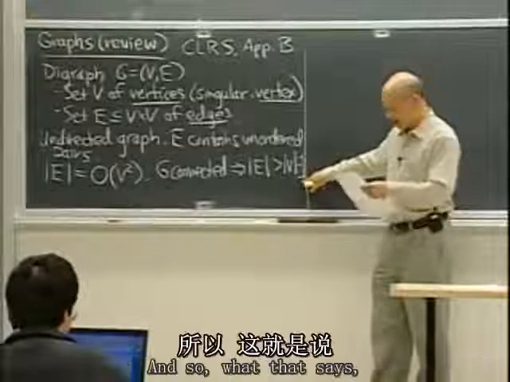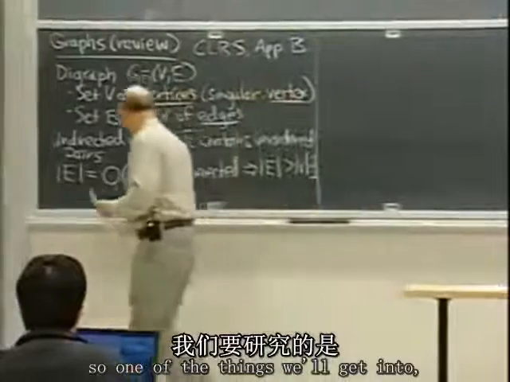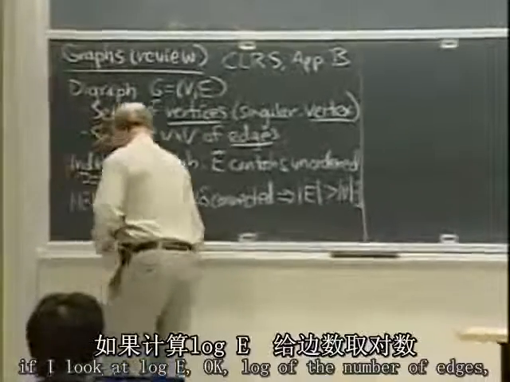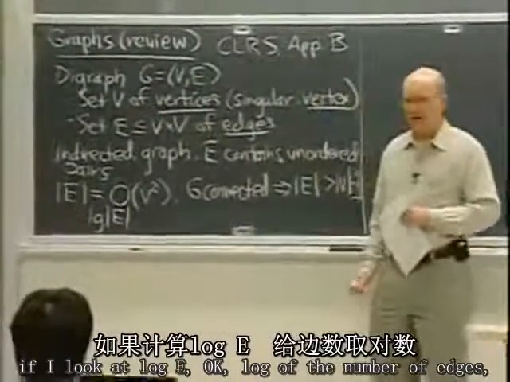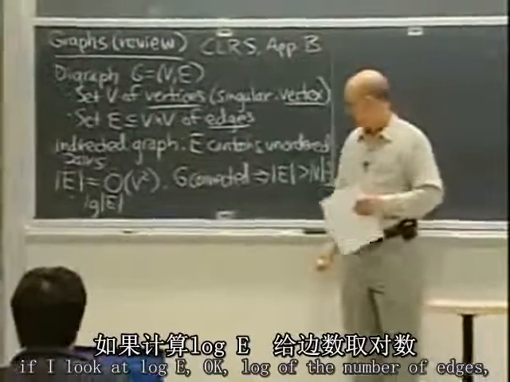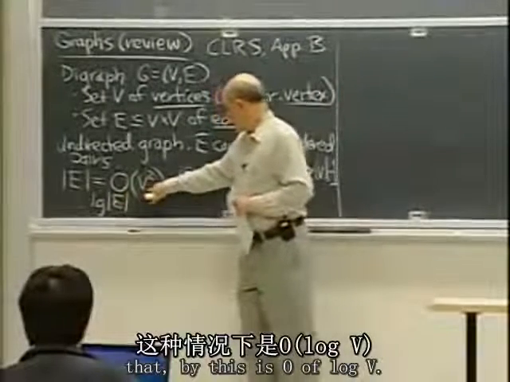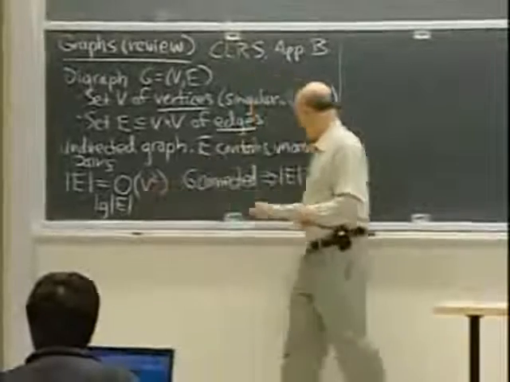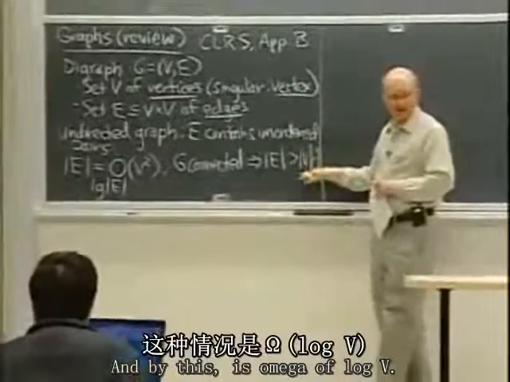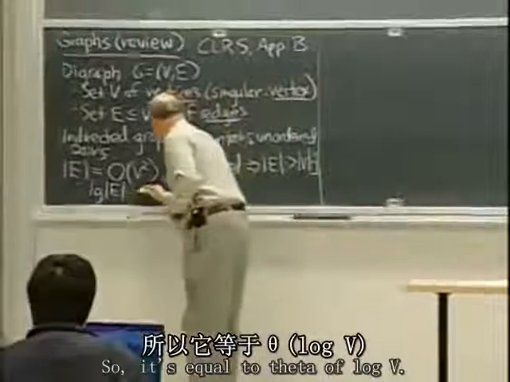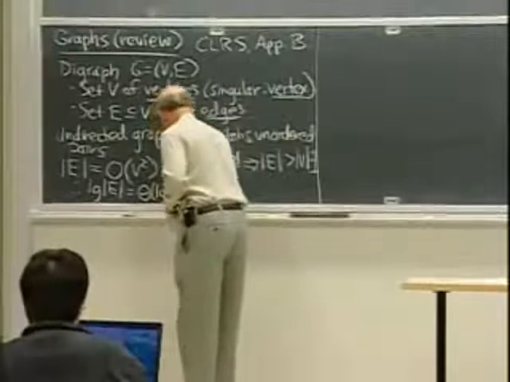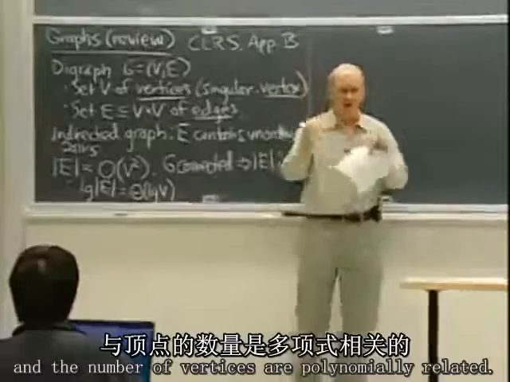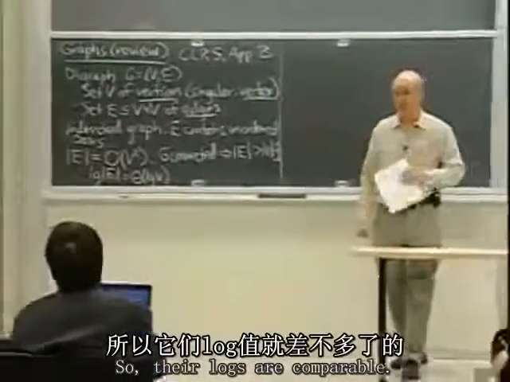And what that says is that if I look at log E, the log of the number of edges, then by this it is O of log V, and by this it is omega of log V. So it's equal to theta of log V. Basically, in the case of a connected graph, the number of edges and the number of vertices are polynomially related, so their logs are comparable.